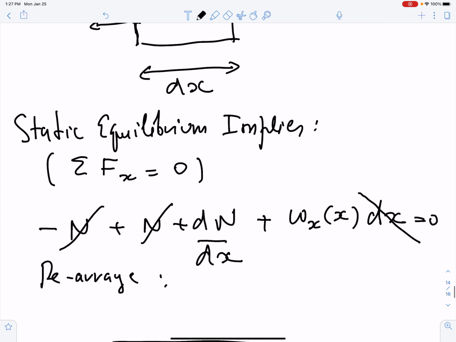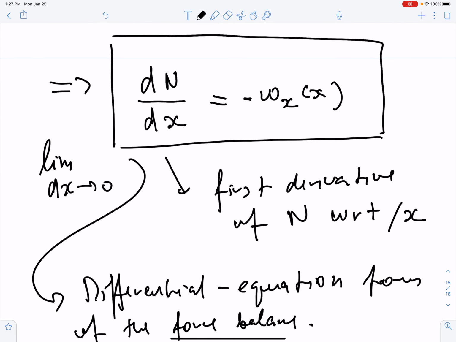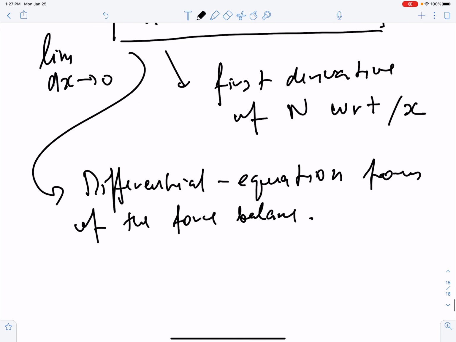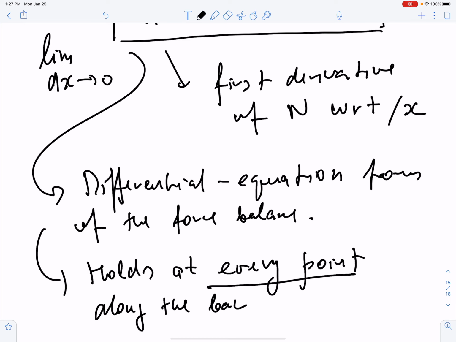And so the static equilibrium, as you've seen it in classes like Engine 30, where you have a sum of discrete forces that go to 0, is in this case, where we're talking about quantities that are distributed along the length, re-expressed in terms of a differential equation statement like this. So it's a differential equation of the force balance, and the point is it holds at every point along the bar. Okay, it's very important.